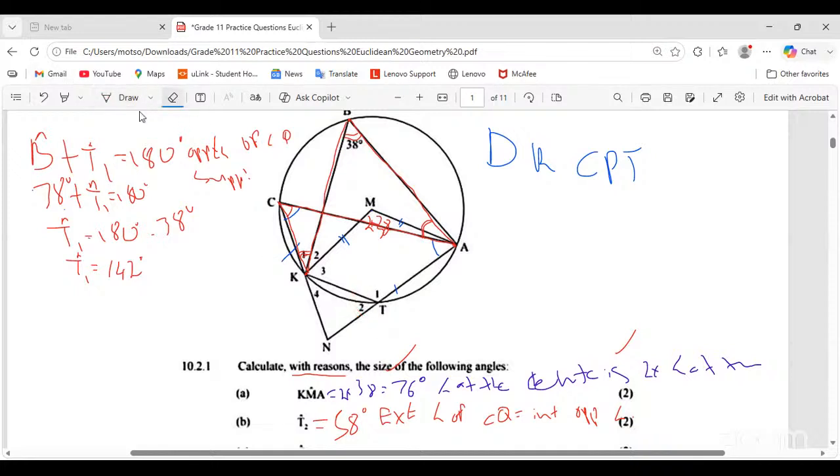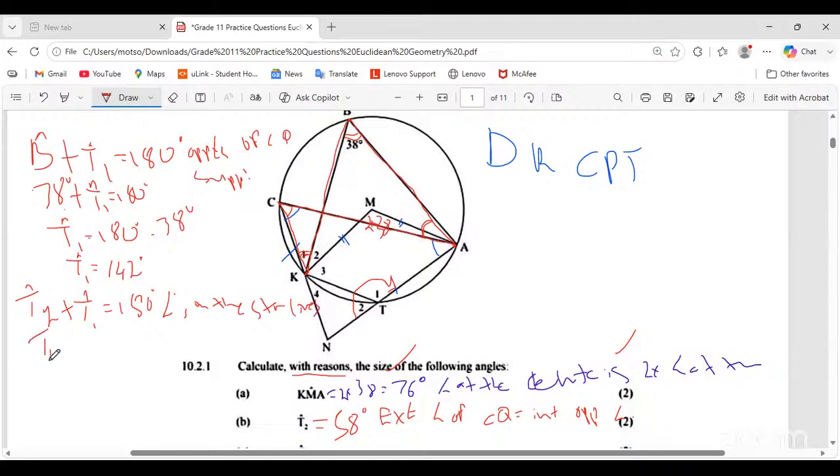Now I want T2. We notice that this is an angle on a straight line. Therefore, angle T2 plus angle T1 is equal to 180 degrees. Why? Because those are the angles on a straight line.